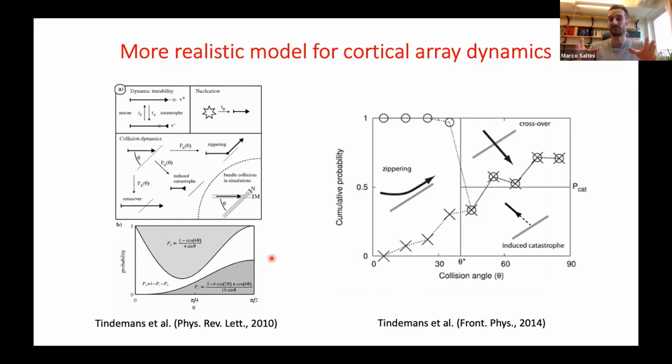So we can just take this framework and add this higher degree of complexity, which is a bias in one of the dynamic parameters in one direction, and see if this more realistic model can confirm our finding in our toy model.